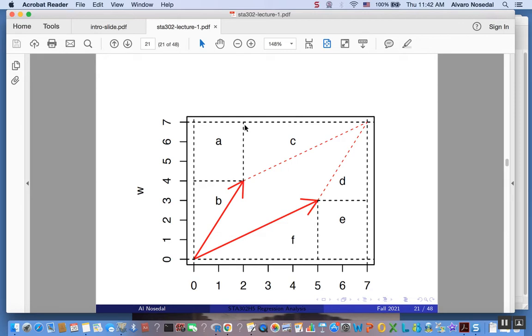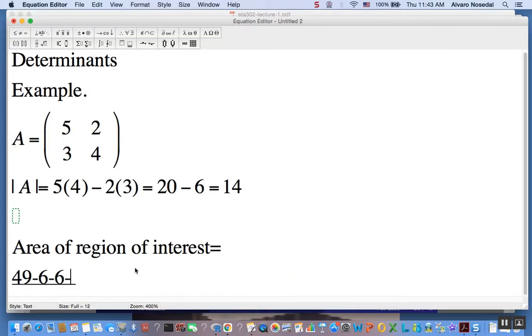Note that in this case, it's upside down, but the base is 5, and the height is 3. So 5 times 3, 15, divided by 2 for C and F. Okay? So we have minus 15 divided by 2 minus 15 divided by 2.